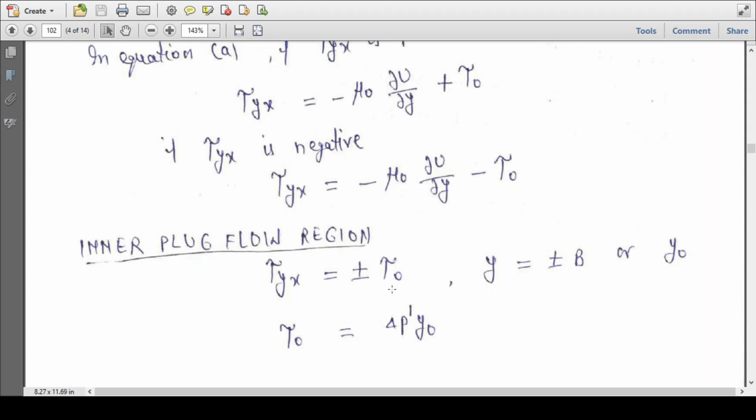So in the inner plug flow region, tau yx would be equal to plus or minus tau naught, and this is the region up to either the plus b side or the minus b side, or y naught, which we have considered here. There tau naught equals delta p dash y naught. In this range your del u upon del y term would be equal to 0, or the net shear stress would be less than or equal to tau naught, so the total applied net stress would be 0.